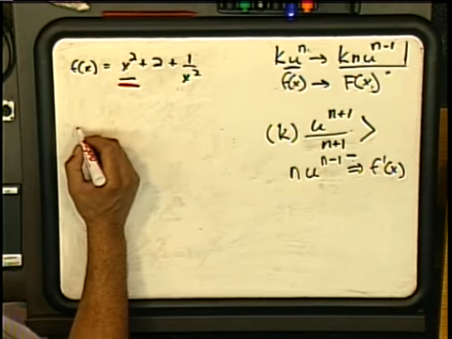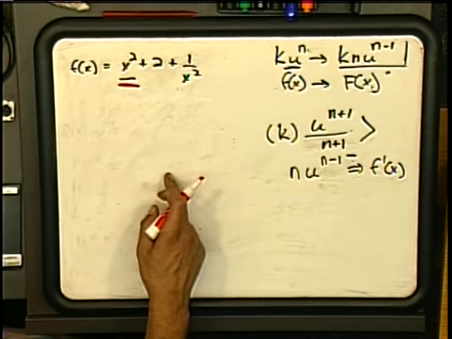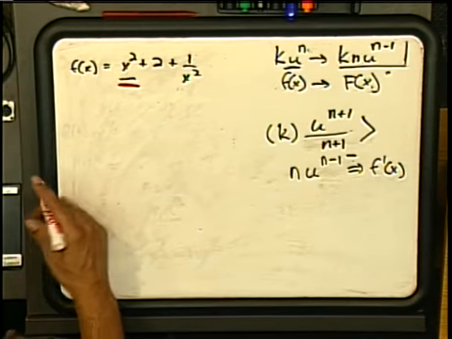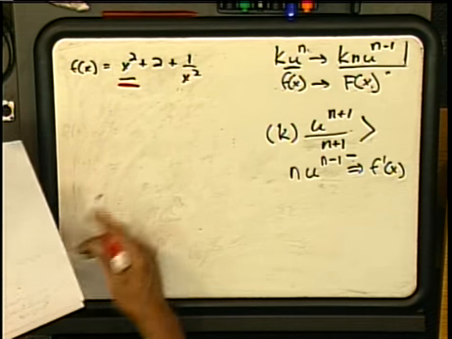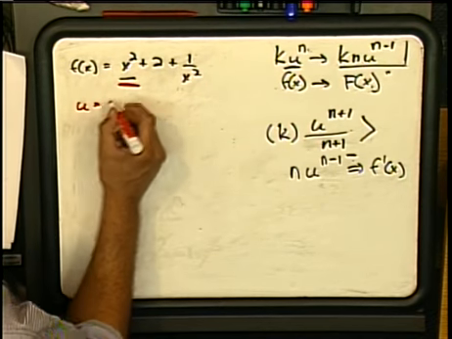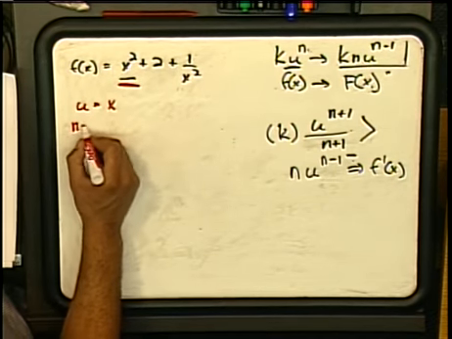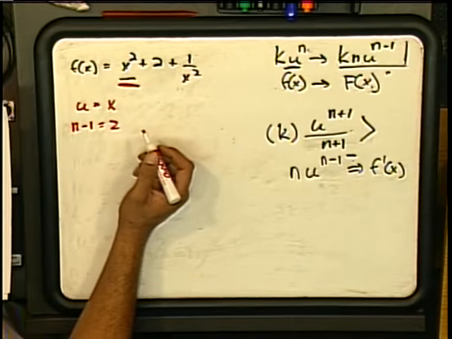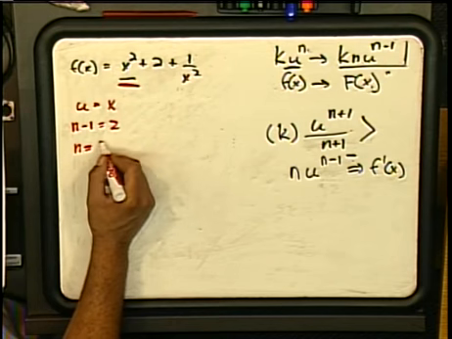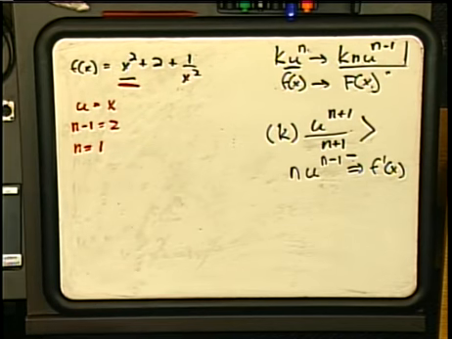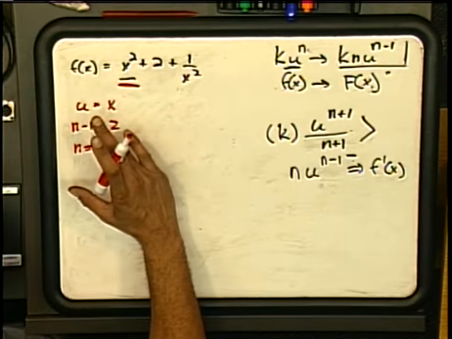X squared, let's do it this way. So we will list what we have: u equals x, n minus 1 equals 2, and that means n would be 1. No, n would be 3.